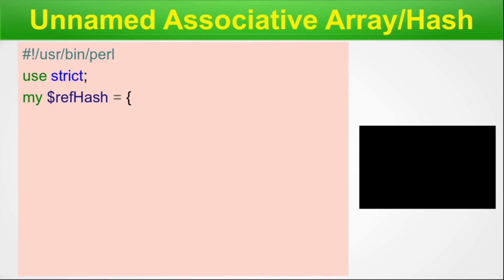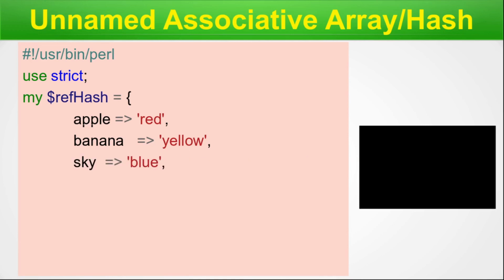We write $ref_hash, then we start it, and then we write apple, then the arrow. This arrow is different from the previous page. Here we are explicitly creating. Then banana, then yellow. These are colors of the keys. Sky is blue and leaf is green. And then we close it.